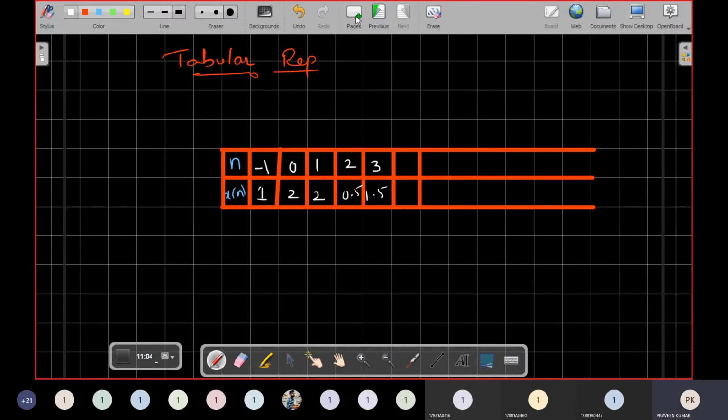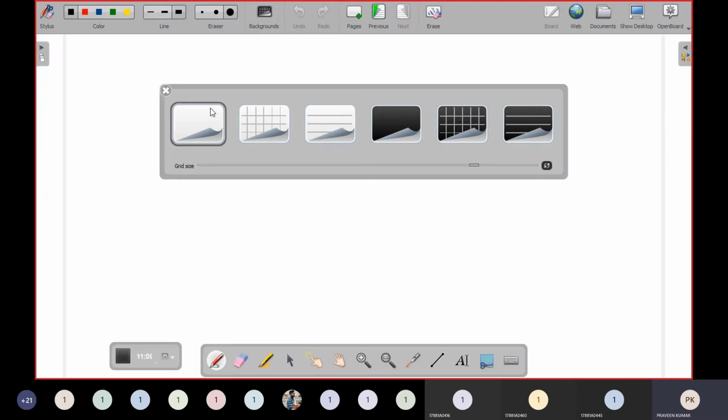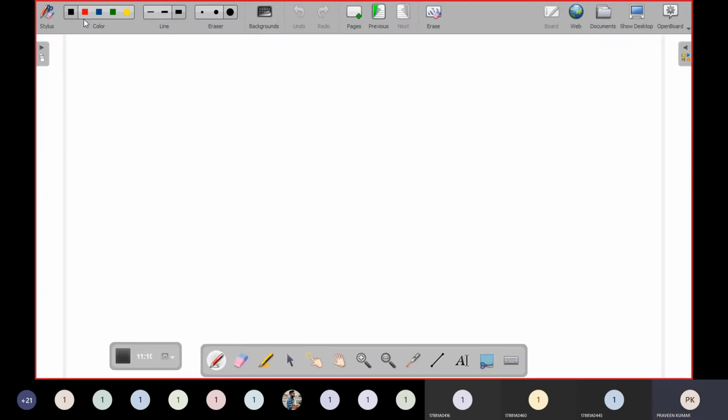Okay, and the last one, and very important, is sequence representation, which is very important and simple to represent any discrete time signal.